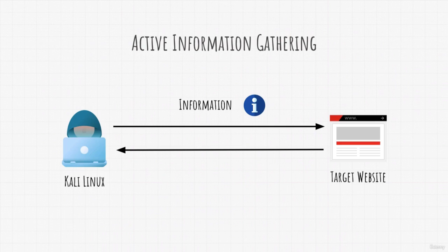This could mean directly exchanging packets with the target by visiting and enumerating their website, or it could also mean talking to an employee that works there. We could maybe call them over mobile phone to try to get them to tell us something important, but this part is also considered social engineering. Nonetheless, any action where you exchange something with the target is active information gathering.